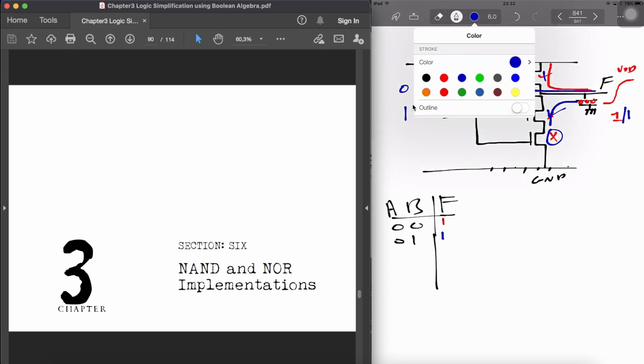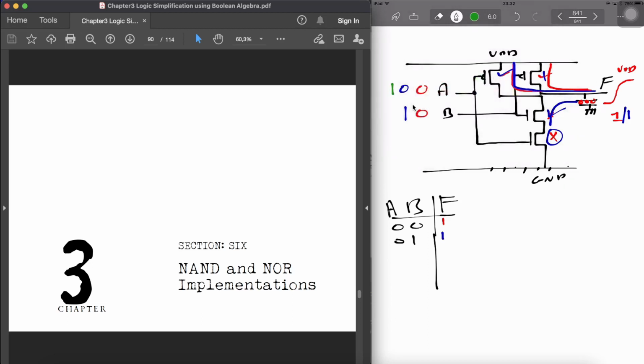Let's try another way around. So 1, 0. Now, A's PMOS is off, A's NMOS is on. Sorry, B's PMOS is on, and B's NMOS is off, and A's NMOS is on.